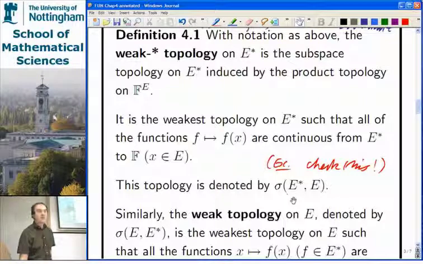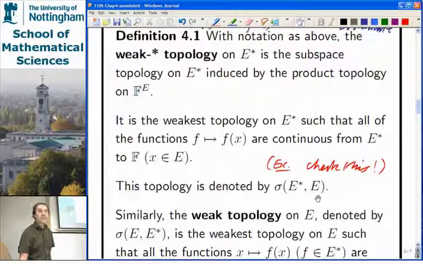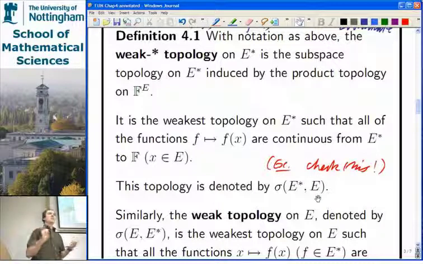Anything in E star, you can evaluate it at any point of E. So if you've got a pair of elements, one in E star and one in E, each one can be evaluated at the other in some sense. So when you've got a pair of vector spaces that are linked in this way, then if you use E to put a topology on E star, you've got the sigma E star, E topology.